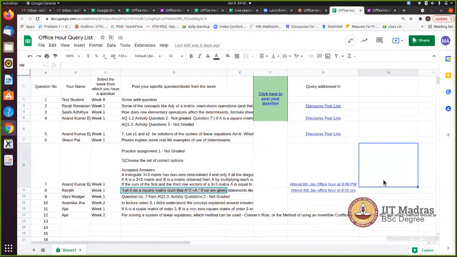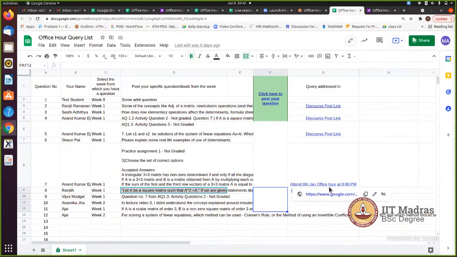Next, suppose that query is not discussed in Discourse and not discussed anywhere. Then we will post the live session link, like we have done in this week. Corresponding to your query, you will see the live session link here, and we will say attend on the date and the hour of the live session where you have to come.